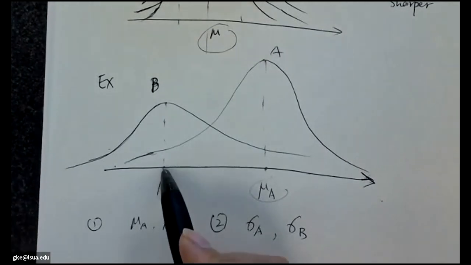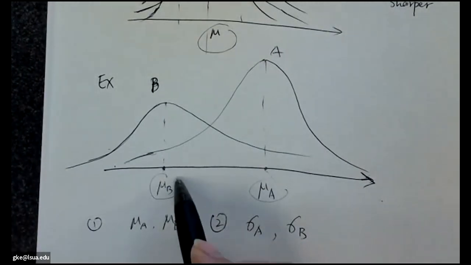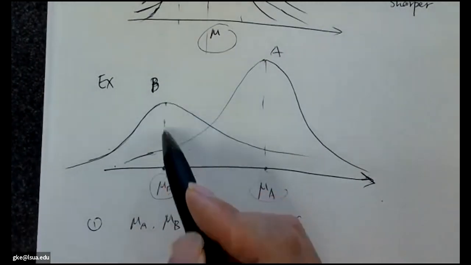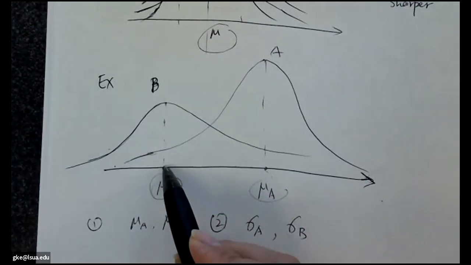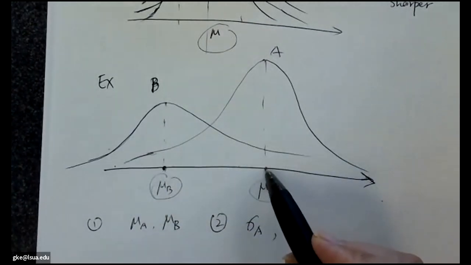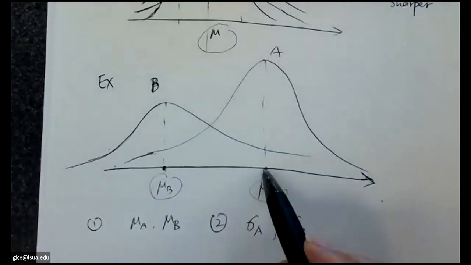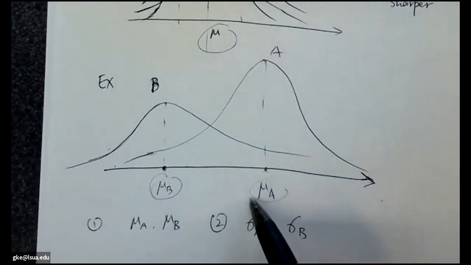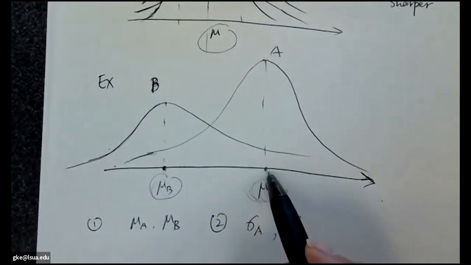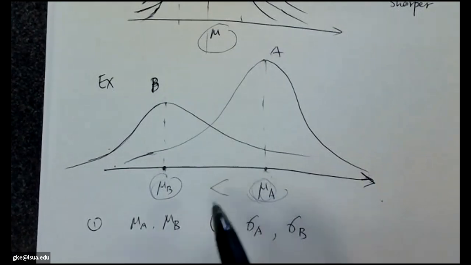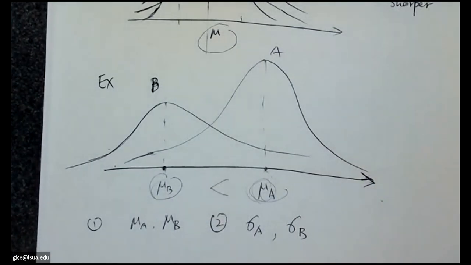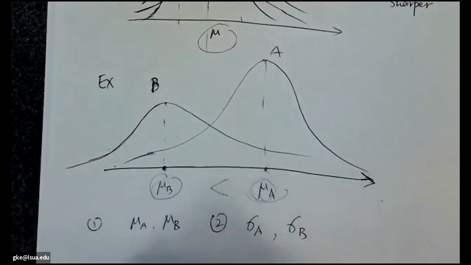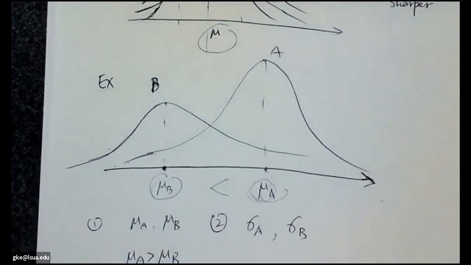The mean value for curve B is mu B here, and the mean value for curve A is mu A. And mu A is clearly greater than mu B. Is that clear?